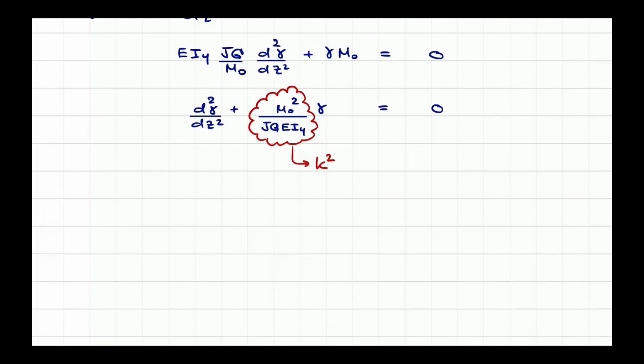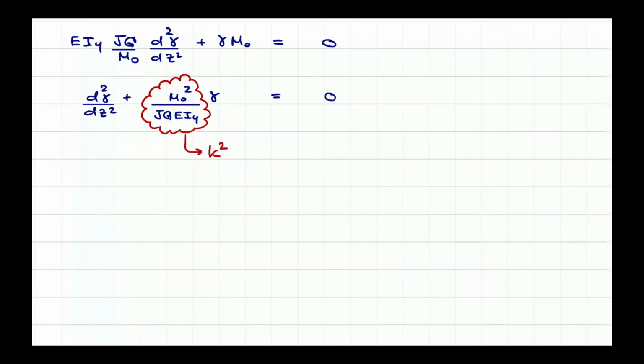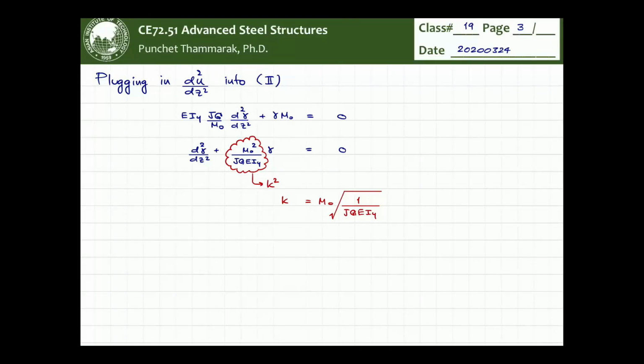So the k will be, equals to just the square root of the whole expression. Take the m outside, so 1 over jg EIy, and we have the m naught out there. This is your k value.